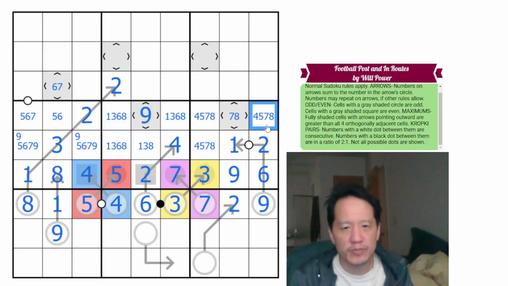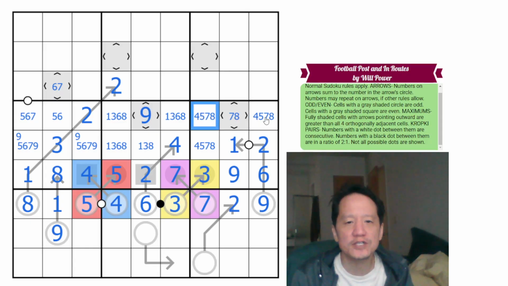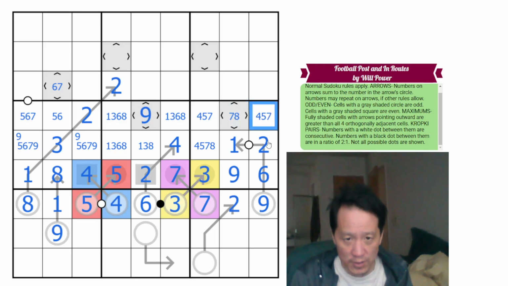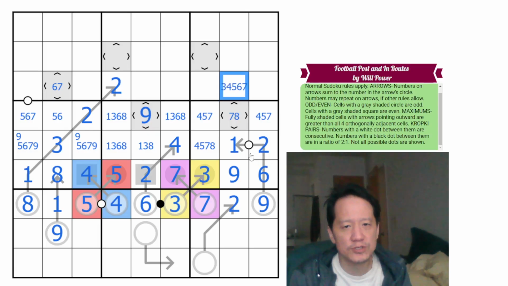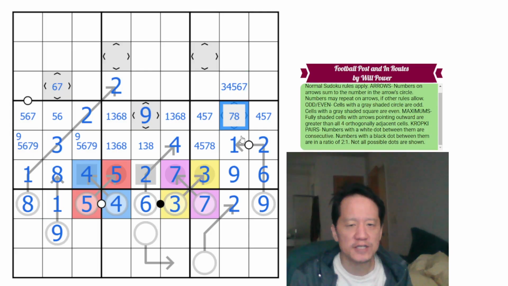The 8 cannot be in either of the orthogonally adjacent cells to this maximum, because that would be greater than this, what would remain, which is a 7. So this cannot be 8 here. This has to be 3 through 7 to be less than the 7 or 8 that's here.